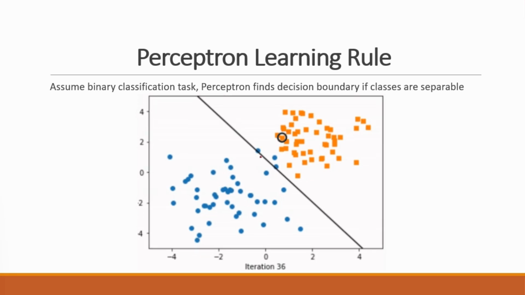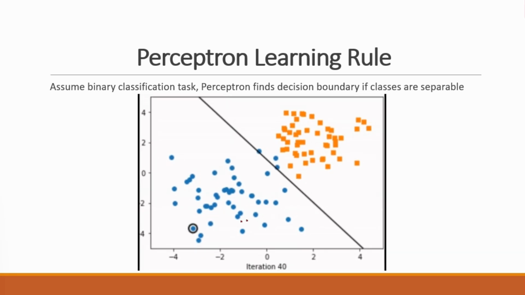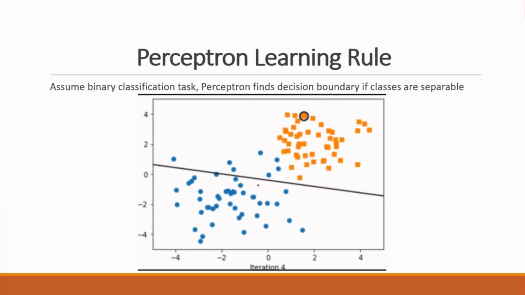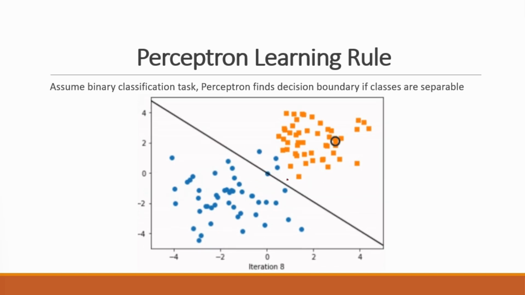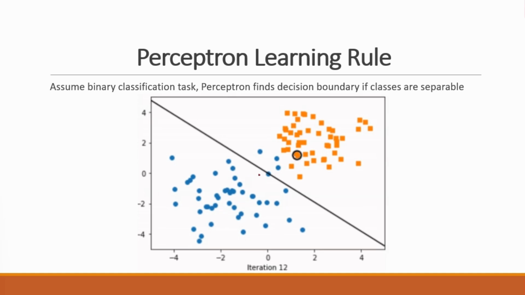Right now, you can see it finds points that are already on the correct side of the decision boundary, so no updates are necessary, but it has to find the ones where it makes mistakes. So if it touches these, then it will update.